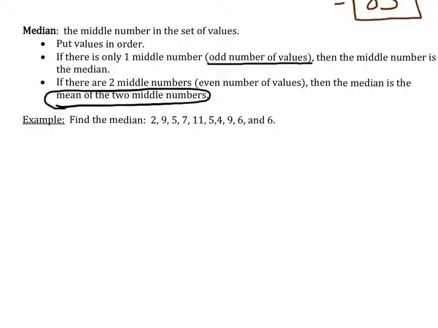Let's look at an example. These are some ages of a Sunday school class. Find the median of 2, 9, 5, 7, 11, 5, 4, 9, 6, and 6. Of course, that 2 kind of doesn't belong, but it's in there. I'm going to put them in order. My smallest number is 2, and once I put them in order, I strike it out.